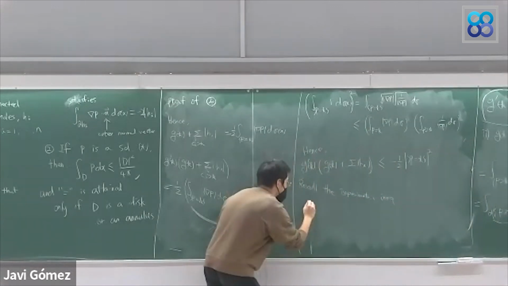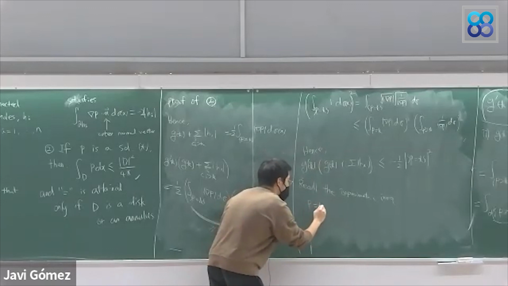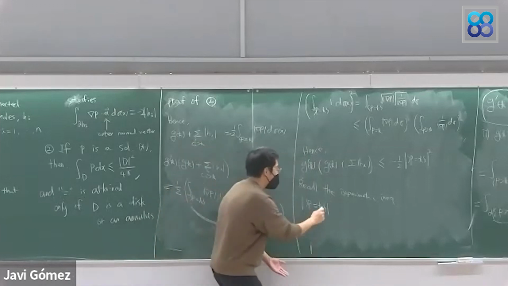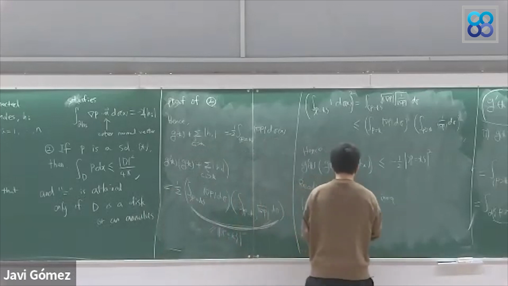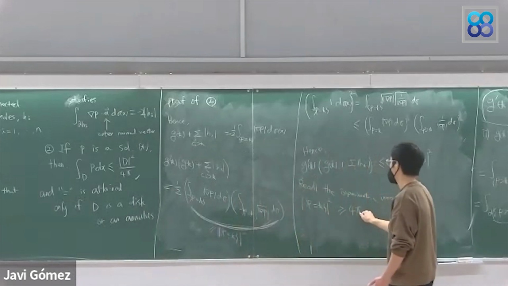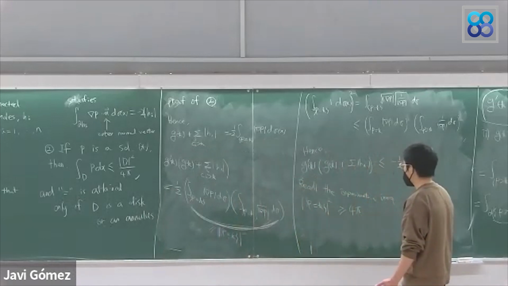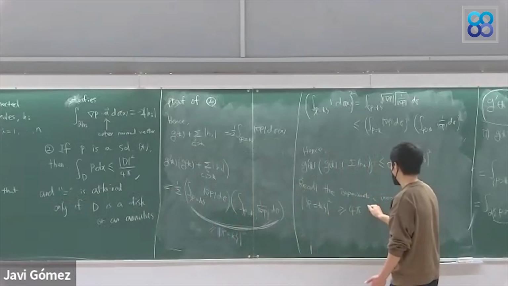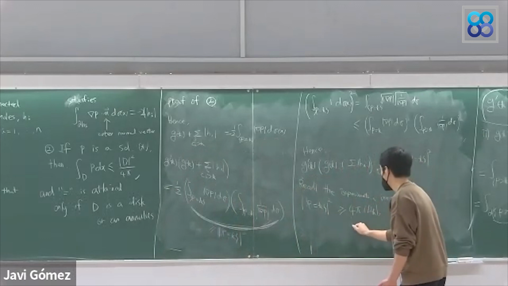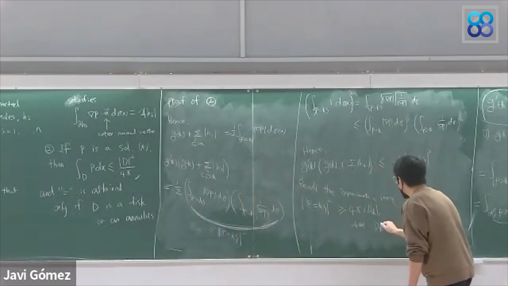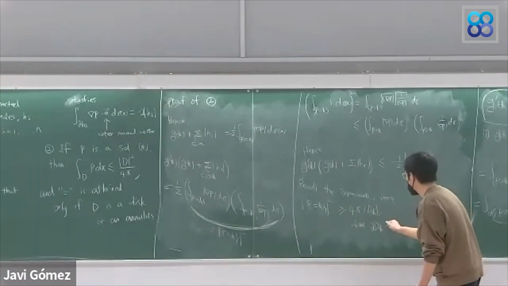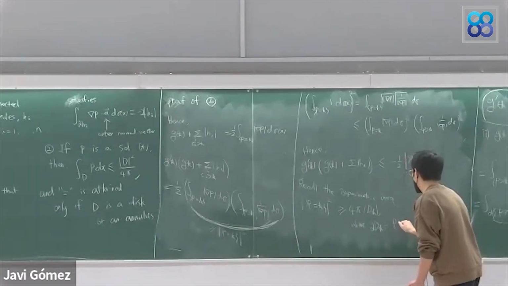That means that if you look at a closed curve, its perimeter squared is always greater than or equal to 4 pi times, say let me use D_k, the area, where D_k is determined by its boundary being equal to the closed curve.